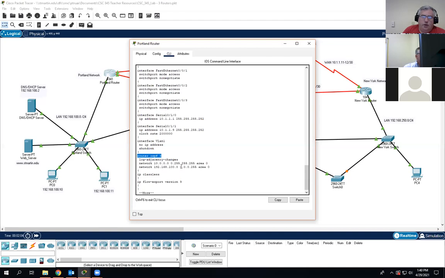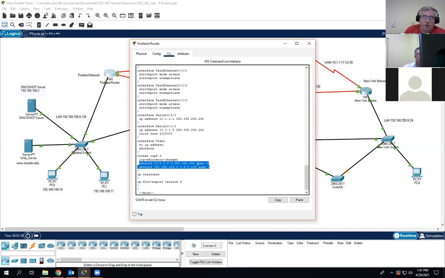Okay, so here we have two different commands. One's a network 10.0.0.0 with a wildcard mask of 0.255.255.255. So basically, we're telling everybody, hey, I know about the 10.0.0.0 network here. And then area 0 means that with OSPF, you can divide your network into different areas.